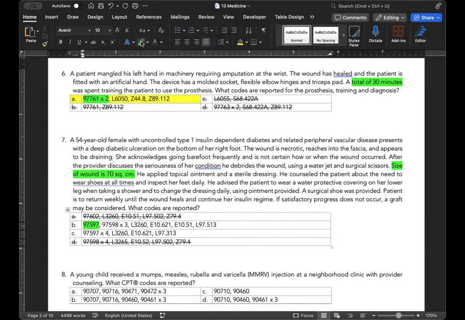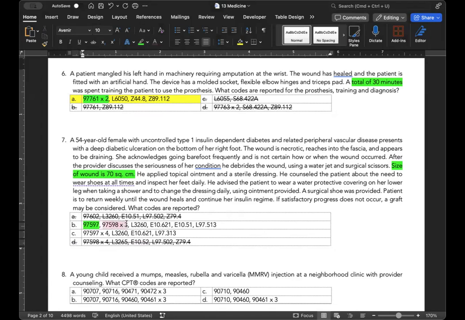So our first 20 is represented with 97597. Then we need another 97598 to represent 21 to 40. We need another one to represent 41 to 60. And then we need a third unit to represent 61 to 70.